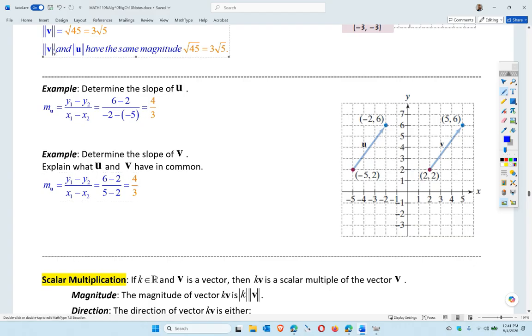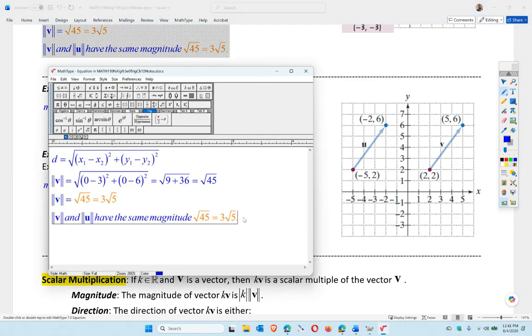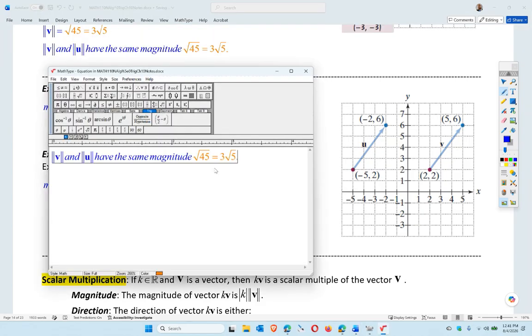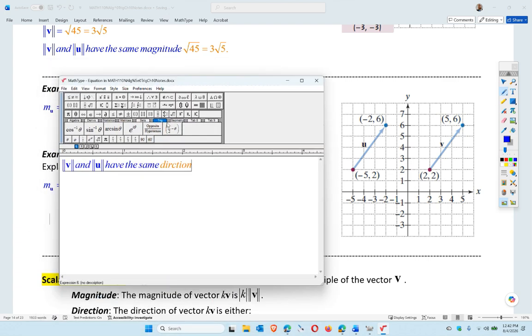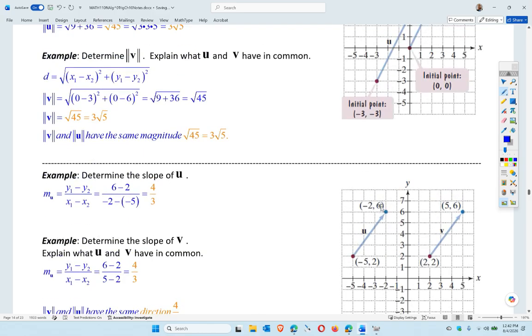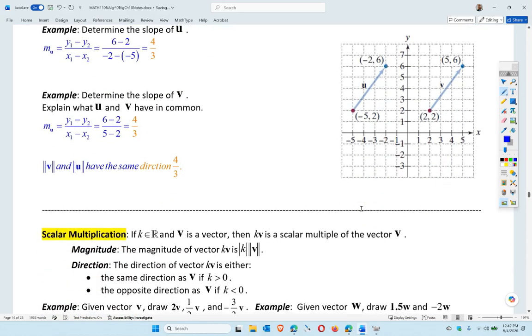So I can copy what I had before and paste that. They have the same direction, 4/3. Okay, so it means they're equal vectors. These have the same magnitude and direction, essentially.